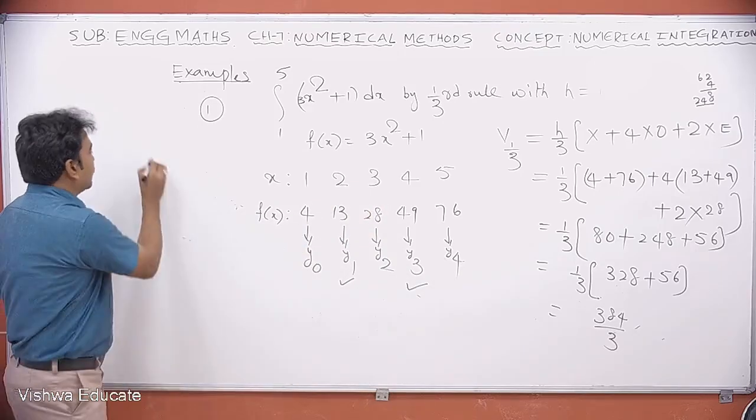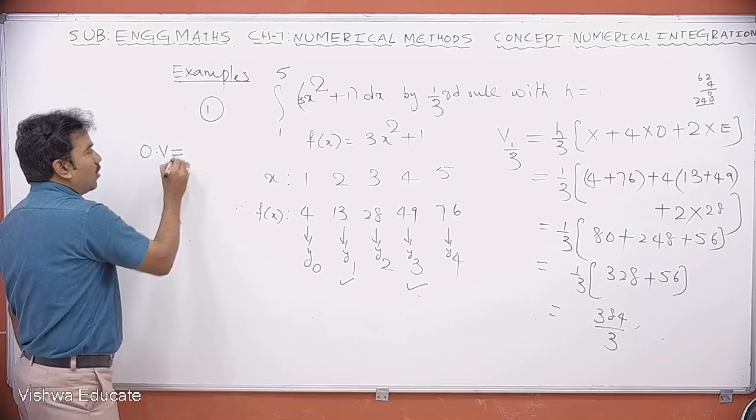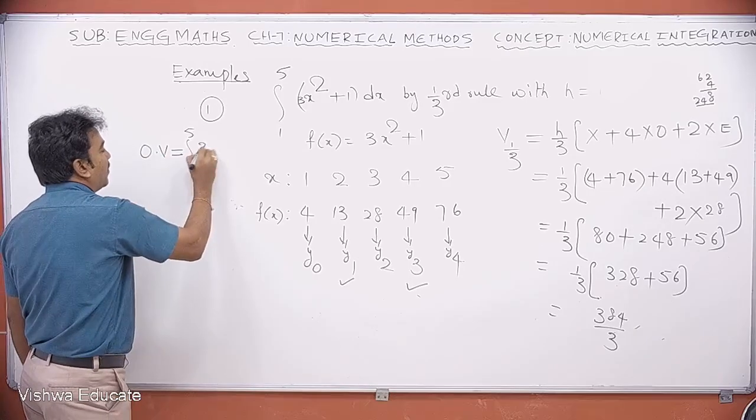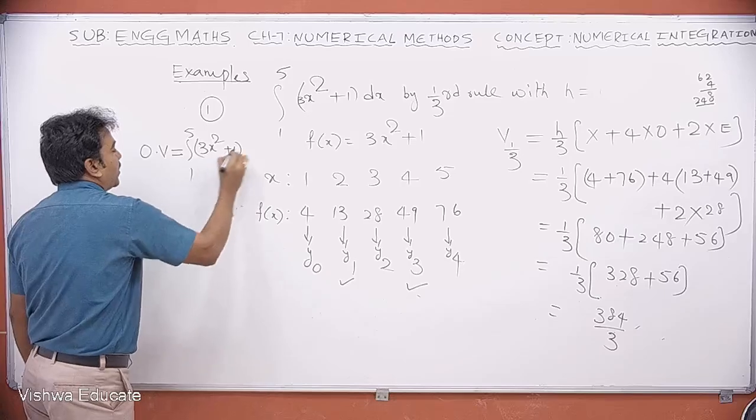Now let us solve by taking the original value. The original value is the integral from 1 to 5 of 3x square plus 1 dx.